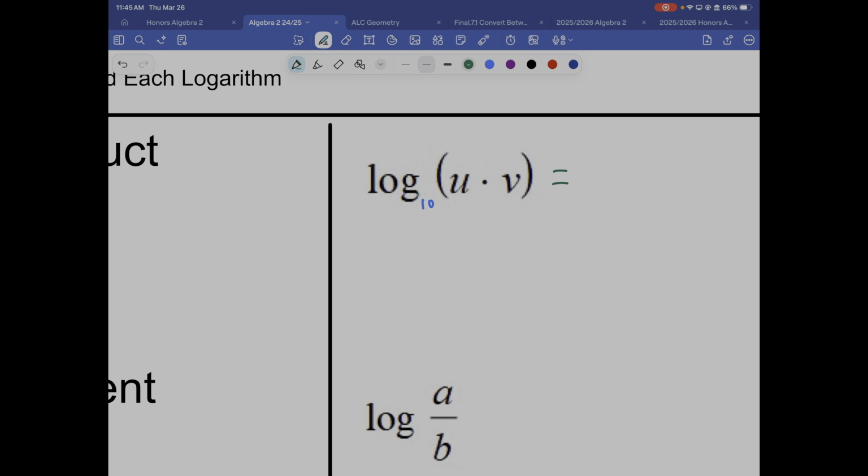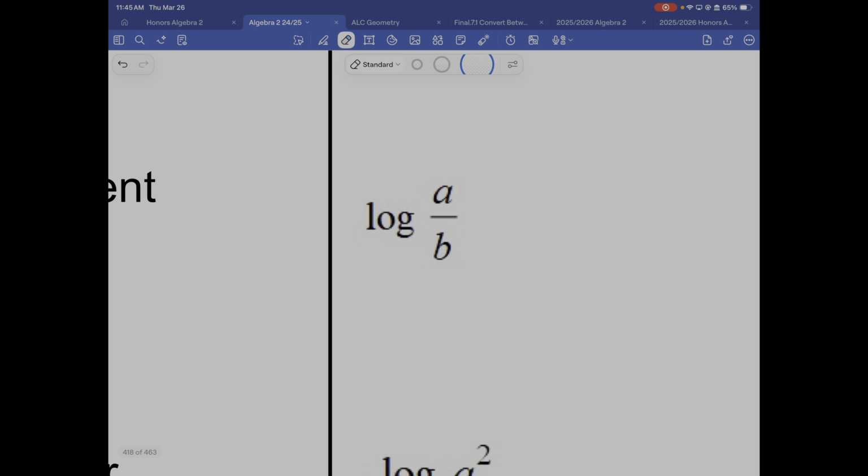In expanded form, we're multiplying, so it's the log base 10 of u. That's my first term, plus the log base 10 of v. Don't need to have the 10 there. I put it there. Doesn't need to be there. I could just as easily get rid of that 10. That's the expanded form of that. It's from a single log to expanded form.